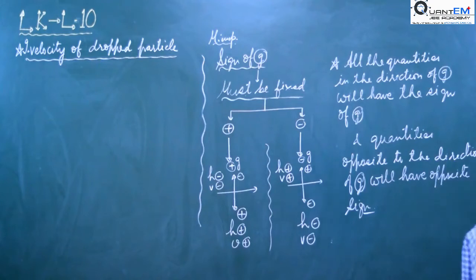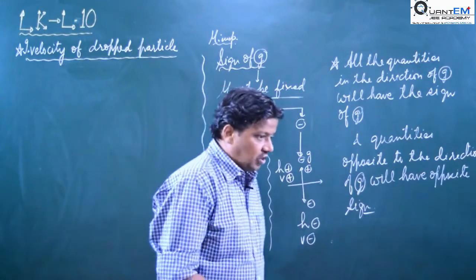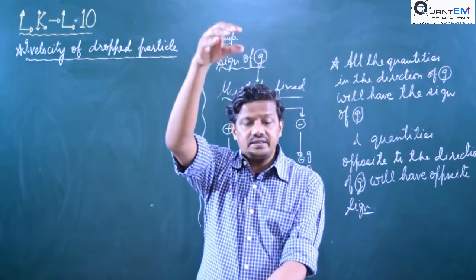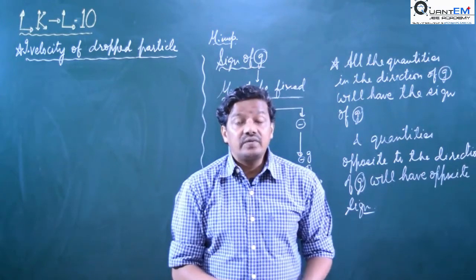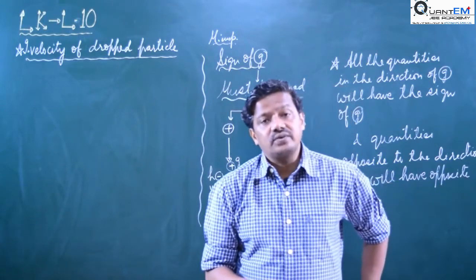If a particle has been dropped in the downward direction and we ask what is the initial velocity of the dropped particle, most students say that it is 0.